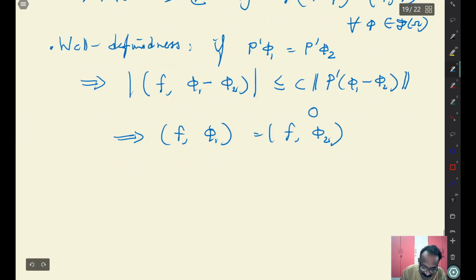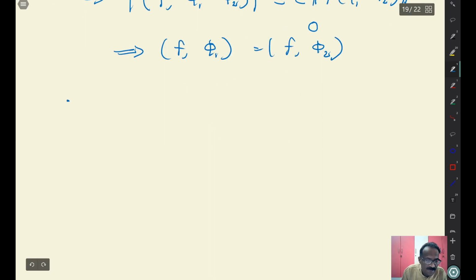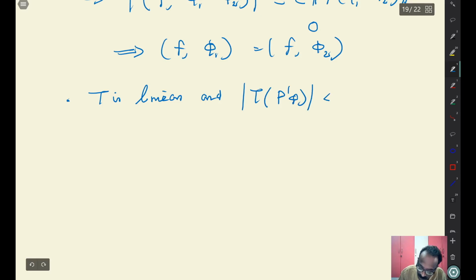The second point is that T is linear, and bounded in that space, because the modulus of T of P dash of phi is less than or equal to the modulus of f of phi, which is less than or equal to a constant times the norm, by the given condition.